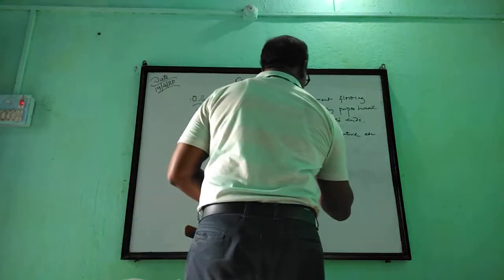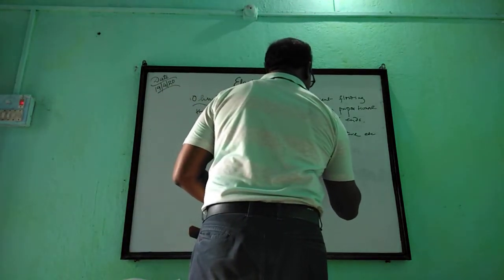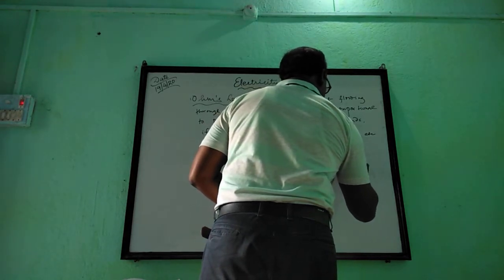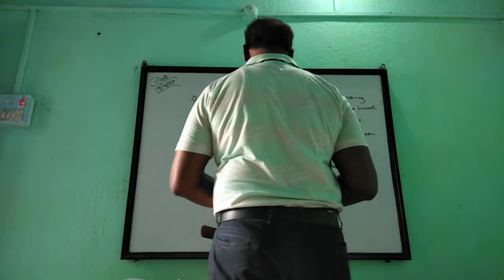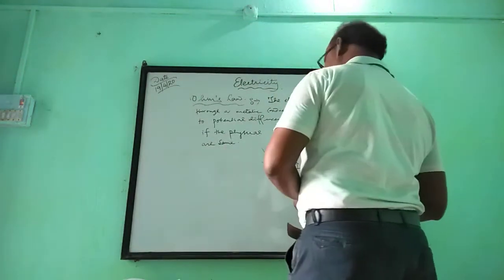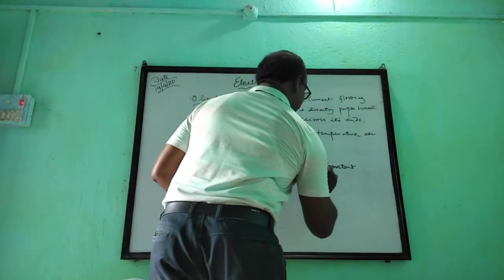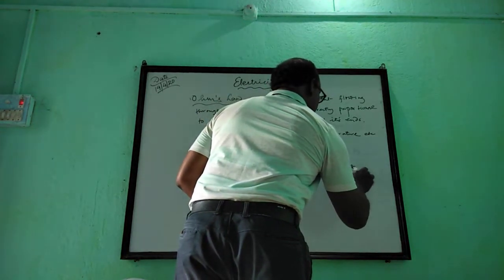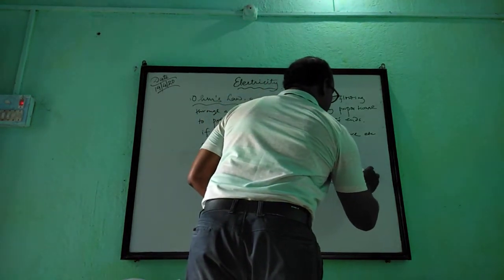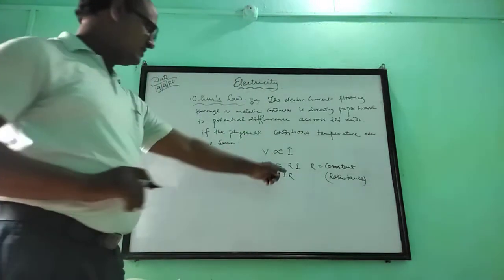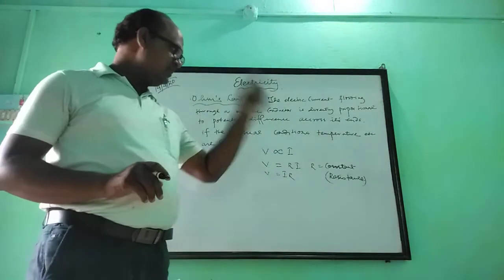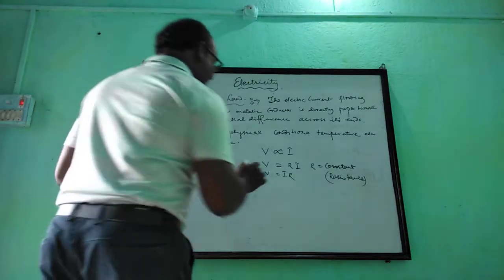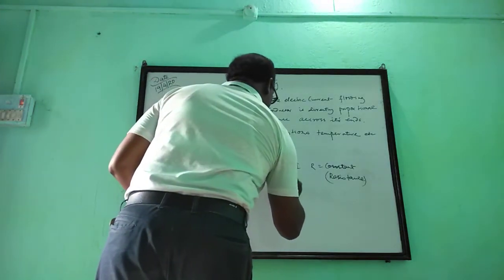R is the constant, and this constant R is called resistance. That is R equals V by I.